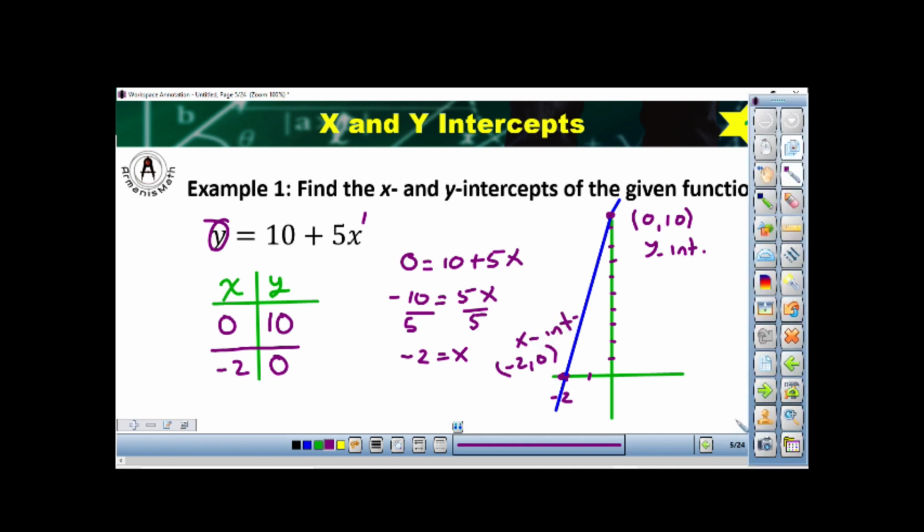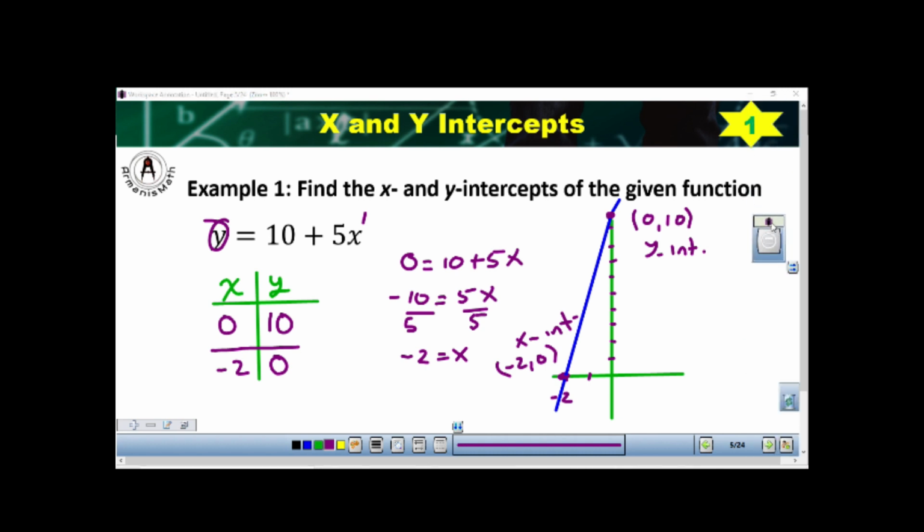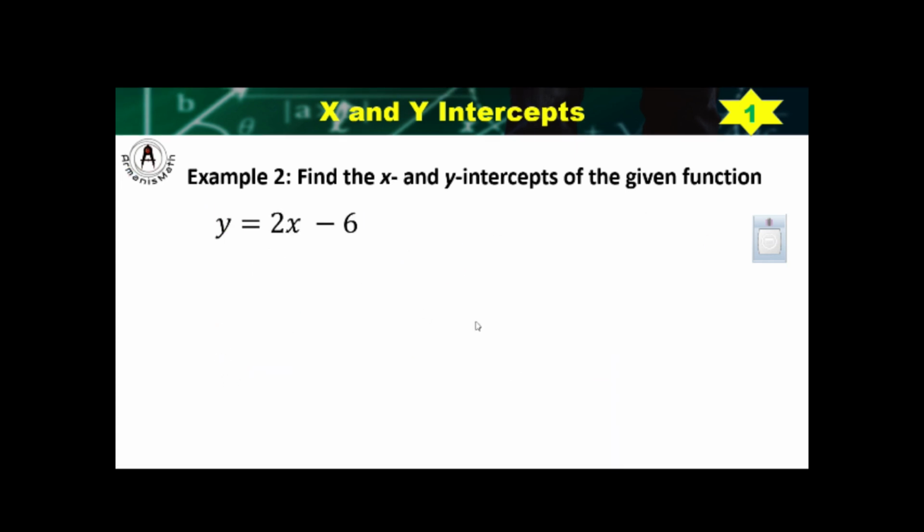All right, so the whole point here is to get the x and y intercepts. I was able to do that by making myself a little t-table, and one time I substitute 0 for x, which is going to give me the y-intercept, and substitute 0 for y, which will give me the x-intercept.